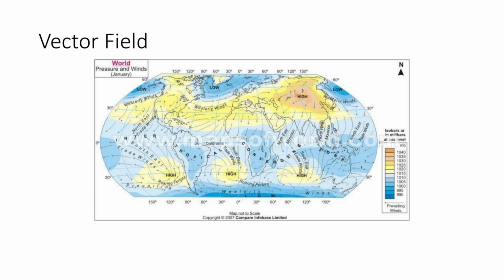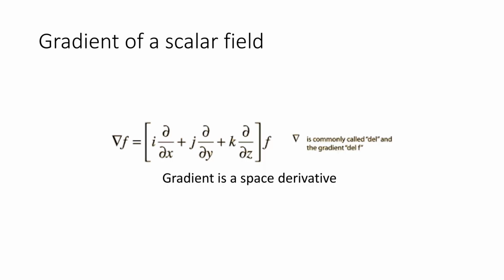And then we can also look at the concept of gradient of a scalar field. Gradient is nothing but, if we have a scalar field, a particular operator which is known as the del operator. It is nothing but i ∂/∂x plus j ∂/∂y plus k ∂/∂z, where ∂/∂x represents the partial derivative of some quantity with respect to x.